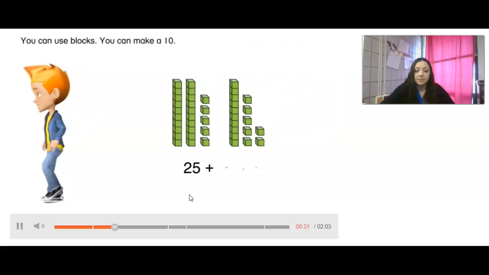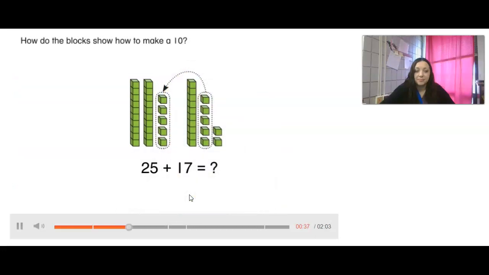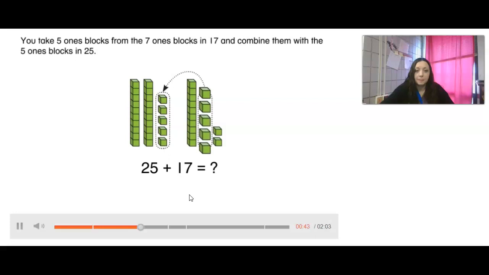You can use blocks. You can make a 10. How do the blocks show how to make a 10? You take 5 ones blocks from the 7 ones blocks in 17 and combine them with the 5 ones blocks in 25.